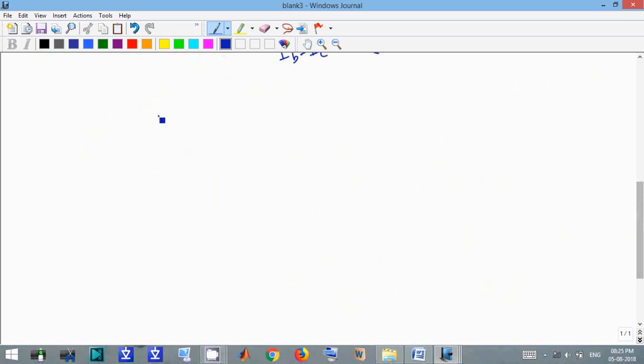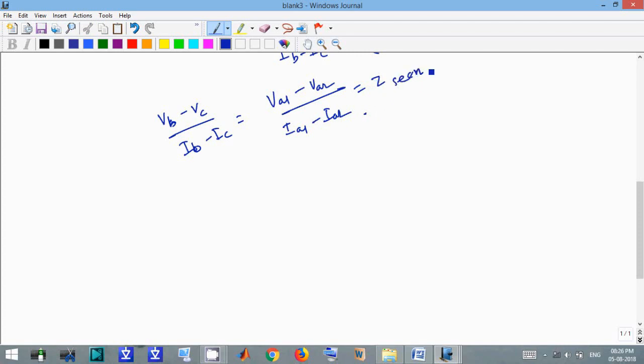So if we write VB minus VC divided by IB minus IC, this will be our VA1 minus VA2 divided by IA1 minus IA2. So that is equal to ZC now. So we can express our ZC in terms of the phasor component of that particular fault.